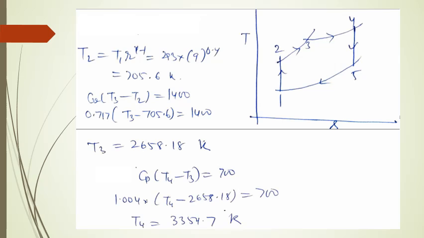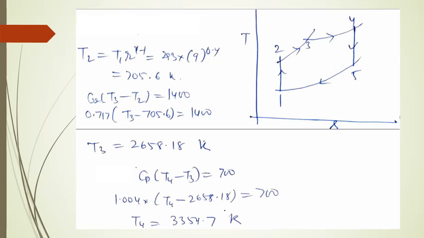1 to 2 is reversible adiabatic compression, that is isentropic, so it is shown by the vertical line on TS diagram. Now 2 to 3 is heat addition at constant volume, and 3 to 4 is heat addition at constant pressure.